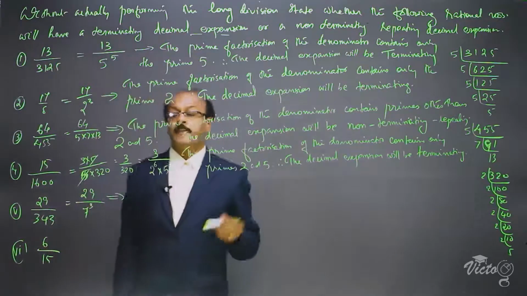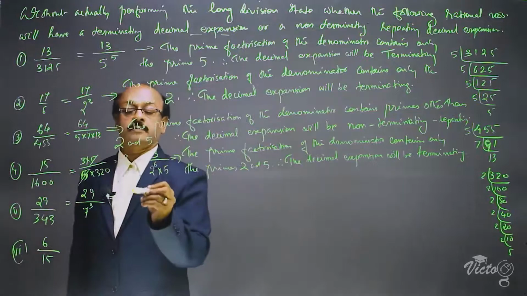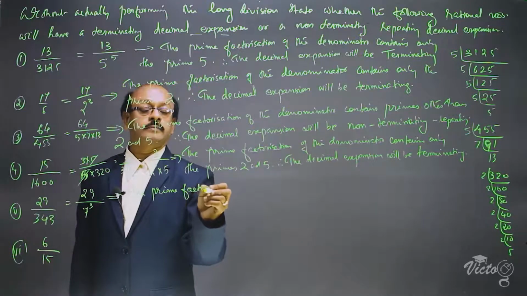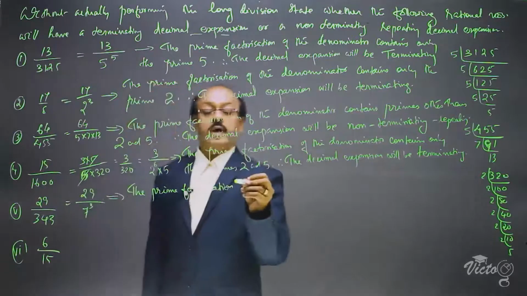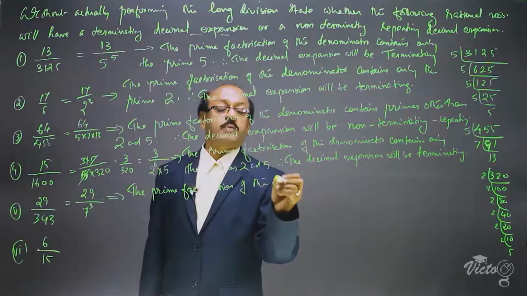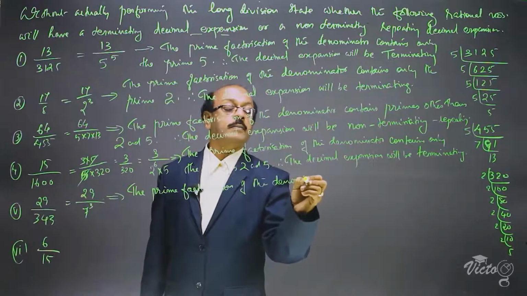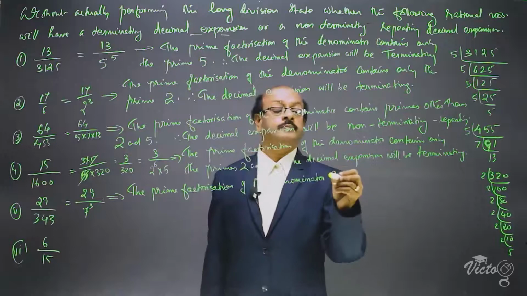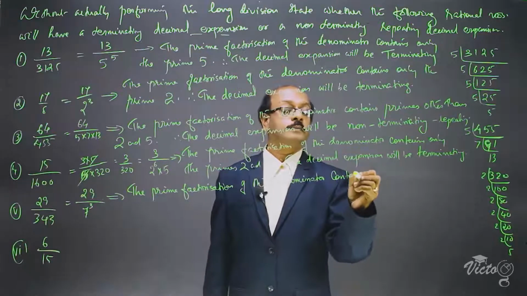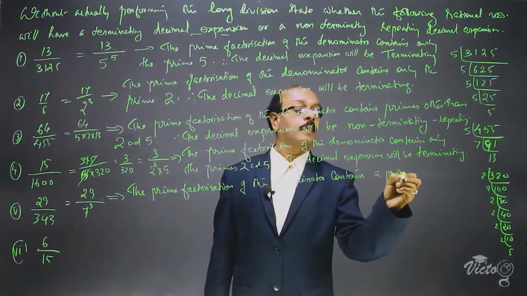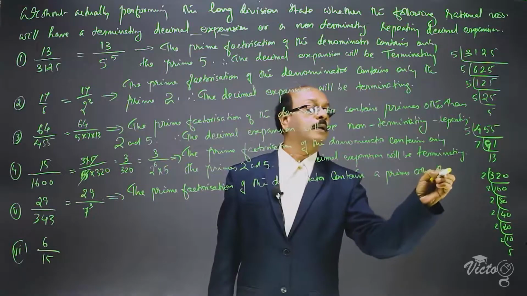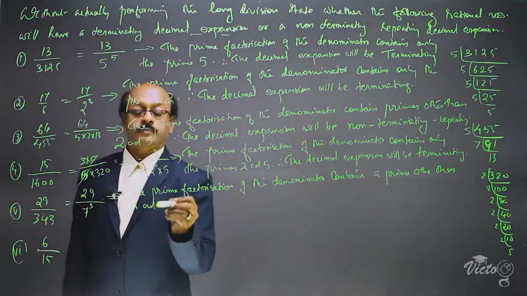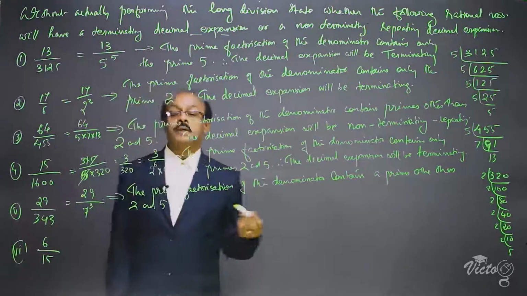The prime factorization of the denominator contains a prime other than 2 and 5. 7 is the prime other than 2 and 5.